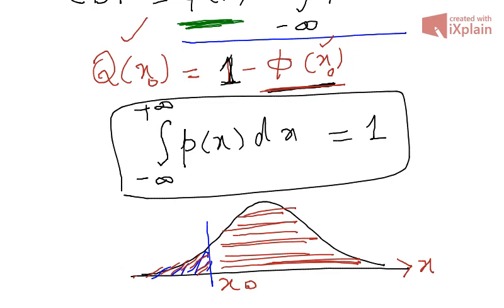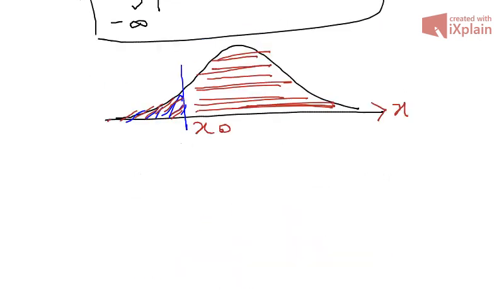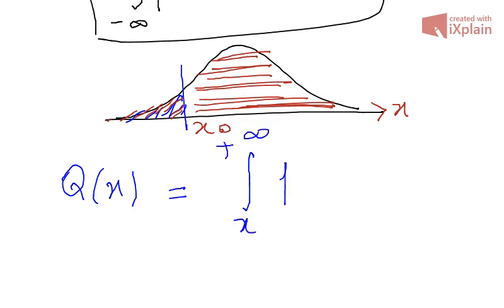In other words, if you want to write the mathematical expression for q of x, you can write it easily: q of x is the integral from x to plus infinity of p of t dt. This is your q of x, right? It gives you the area towards the right side of the point x.